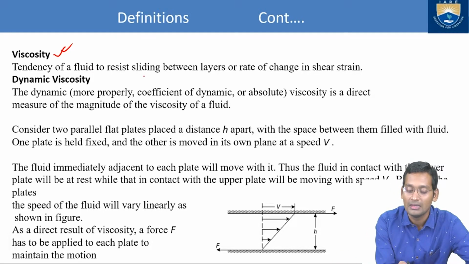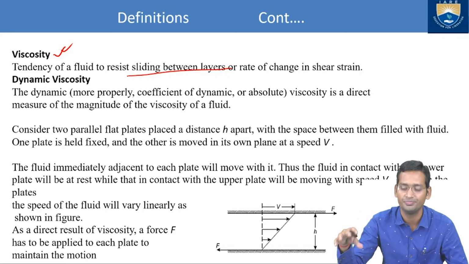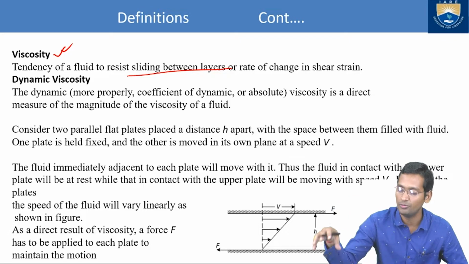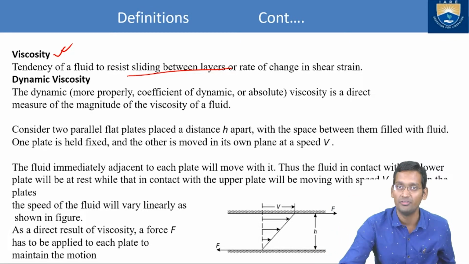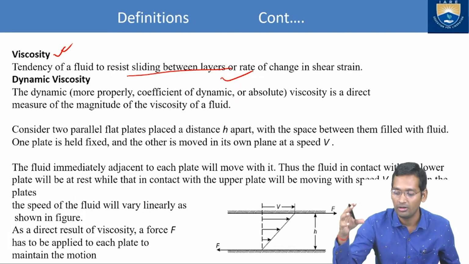So what is that? Sliding between layers. Just now I told, on the surface, what happens once we pour? If the surface is very rough, then it will stay there only. If the surface is very smooth, then it starts sliding slowly. So how is it sliding?